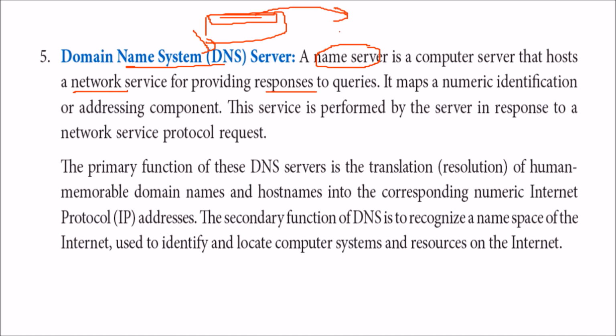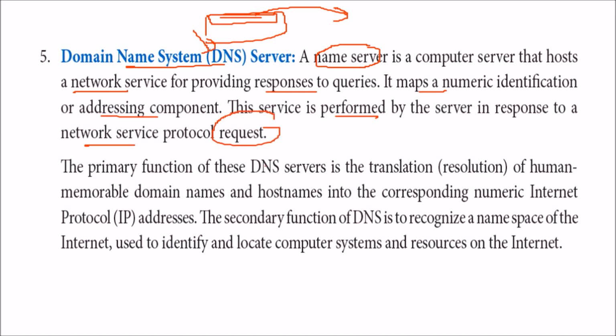It has a translation, that is, an IP address where Yahoo is stored. Yahoo is the name of a folder which is kept at some IP. So it maps a numeric identification, which we call the IP address, and this service is provided by the server in response to a network service protocol request.